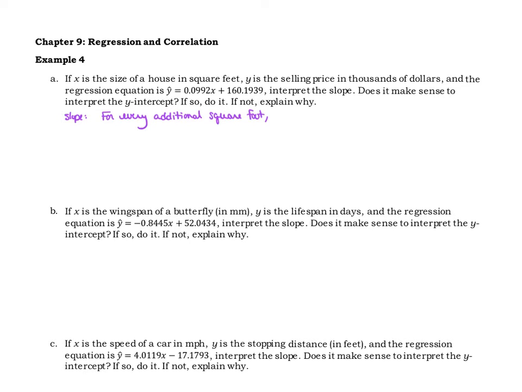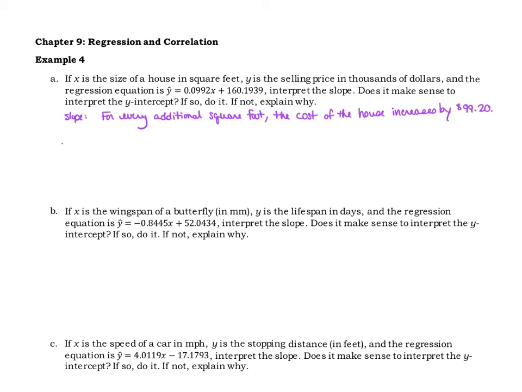Since the slope is positive, the selling price or the cost of the house increases by, and that is not 9 cents. Remember this is in thousands of dollars, so multiply that number by 1,000. So the price would go up by about $99.20.